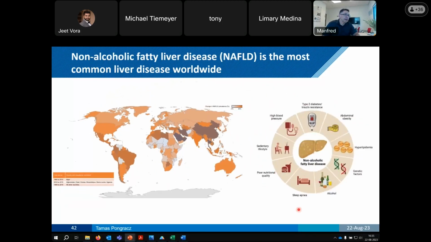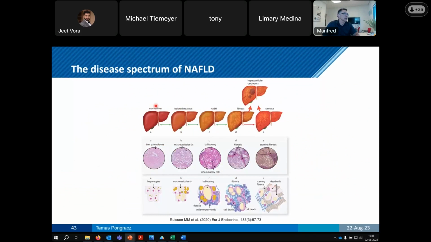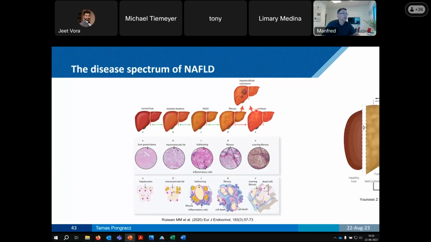Now, there's multiple factors which contribute to this non-alcoholic fatty liver disease, or NAFLD. If you look at the disease course, you start with a normal liver, and then in the end, your liver gets fatty, you get fibrosis, you get cirrhosis, you can end up with hepatocellular carcinoma. So this is a very serious condition.